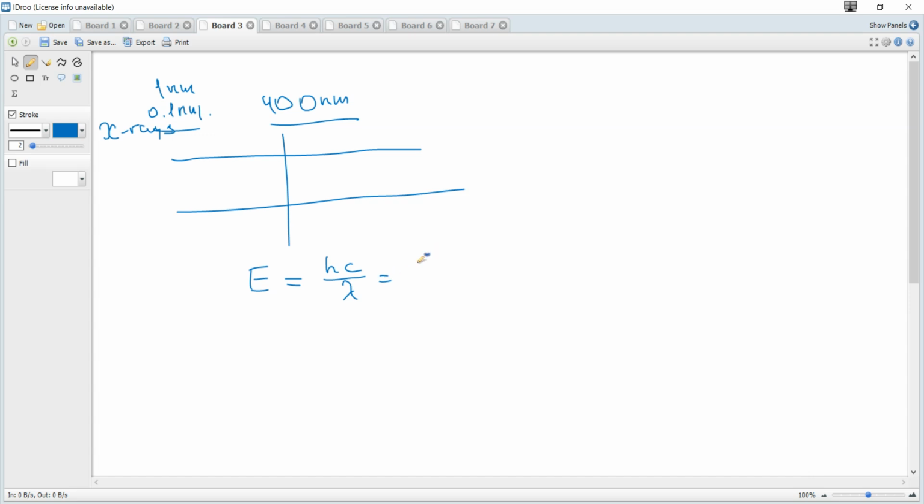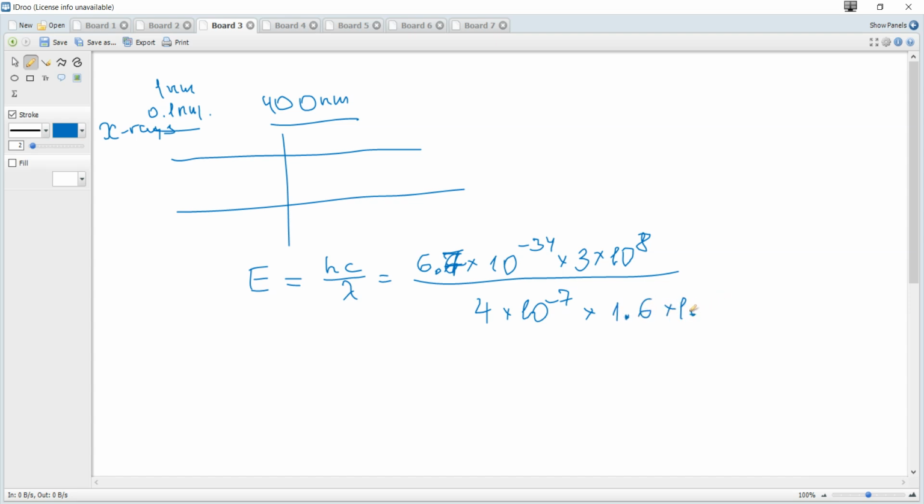So h, it's what, 6 point something, 6.6 times 10 to negative 34, times 3 times 10 to 8, or let's take 6.7, divided by 400 nanometers, so 4 times 10 to negative 7, and it will be in joules. To get electron volts we divide by the elementary charge, 1.6 times 10 to negative 19.